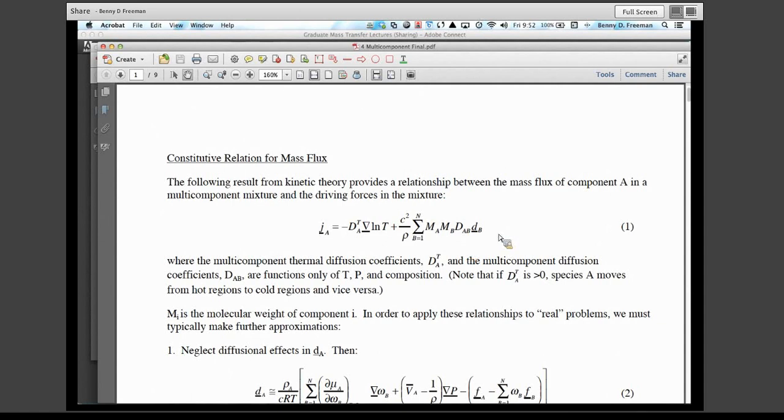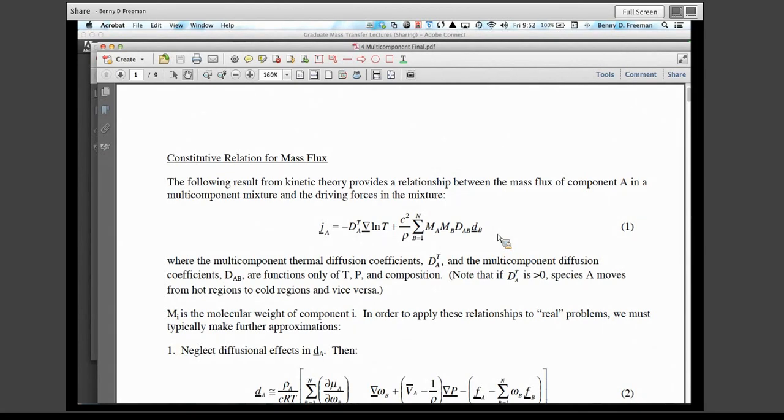And so I am going to simply present this result to you as the most relevant one for use in multi-component transport, but understand that it's not an ad hoc expression, that there is a good thermodynamic basis to use this particular form, and in particular this form of the mass flux is consistent with the laws of thermodynamics, particularly the second law of thermodynamics.